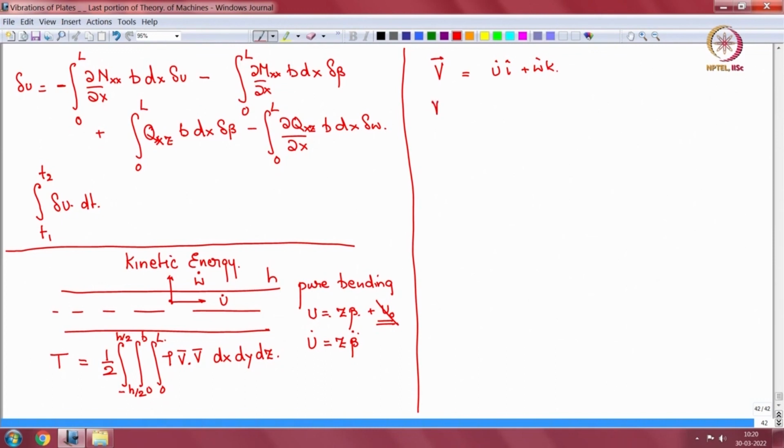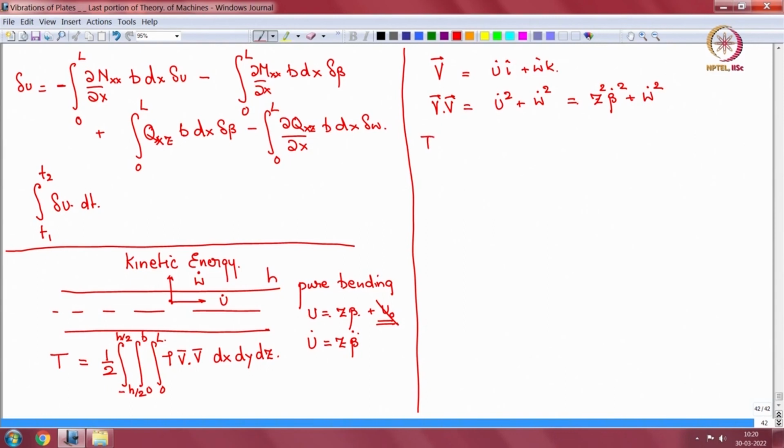Then v dot v is equal to u dot square plus w dot square, which is equal to z square beta dot square plus w dot square.